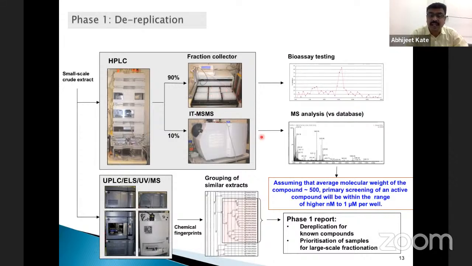And so we knew that, let's say in this case, if I'm not wrong, around 18-20 minutes, we have got a good bioactivity, and at that time, what was the compound present, what is the mass analysis, what the database says about the mass analysis. So for example, I'm seeing the anti-cancer activity against some particular cancer cell line.